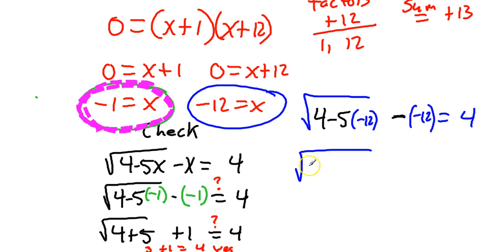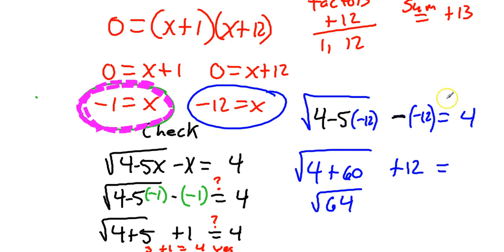Okay, with the square roots, we have 4 minus -5 times -12, which is a positive 60. So that's the square root of 64. Minus the -12 is a plus 12. So square root of 64 is 8.